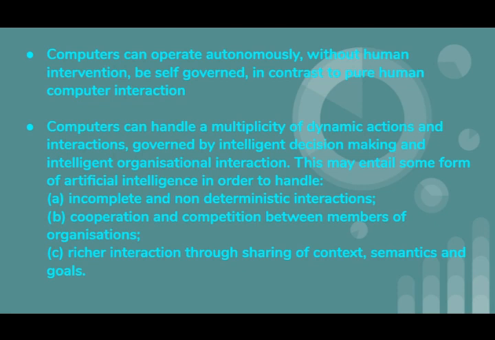Then the fifth point of the core properties is that computers can handle a multiplicity of dynamic actions, which means non-deterministic interactions, cooperation, and competition between members of an organization, and a richer interaction through sharing of context, semantics and goals. These three points are the reference for this property.